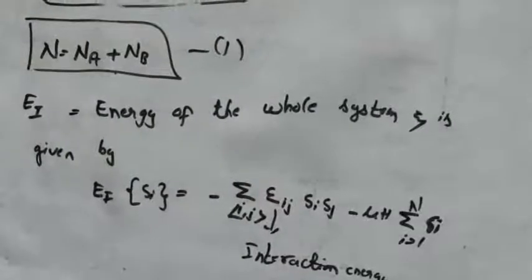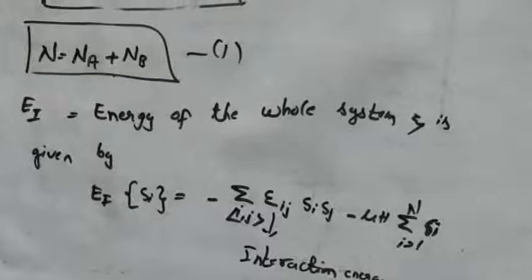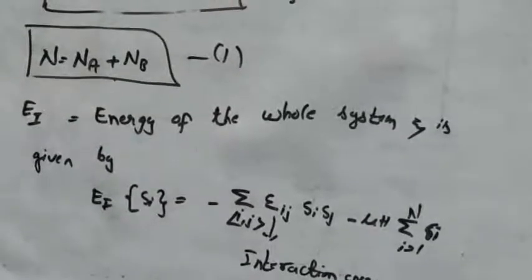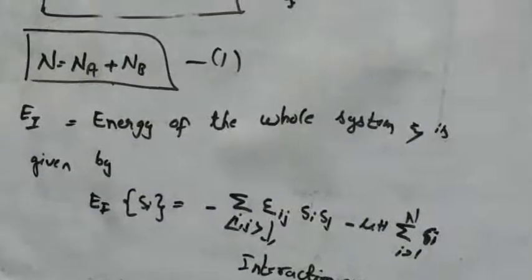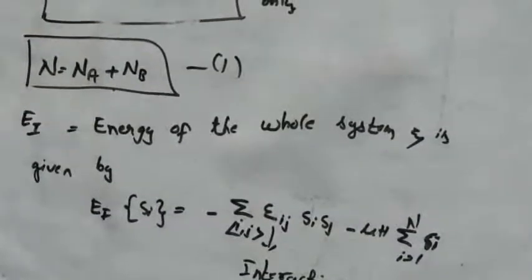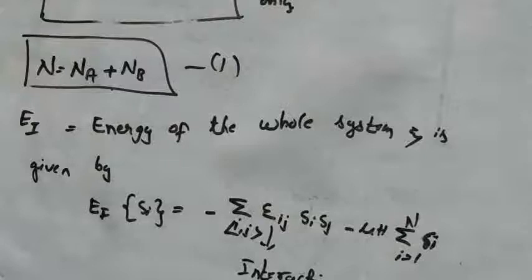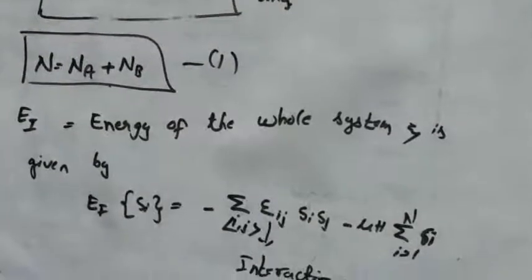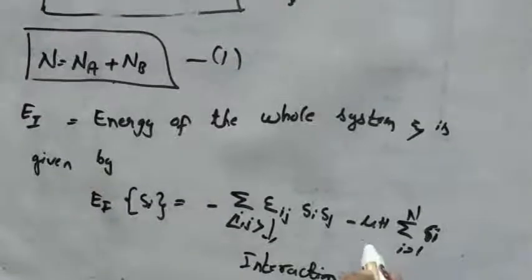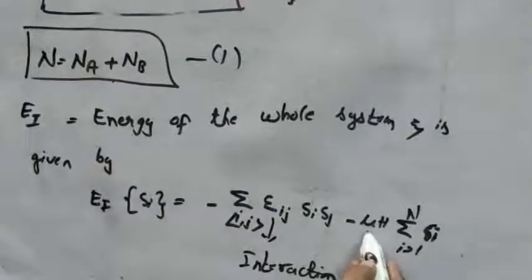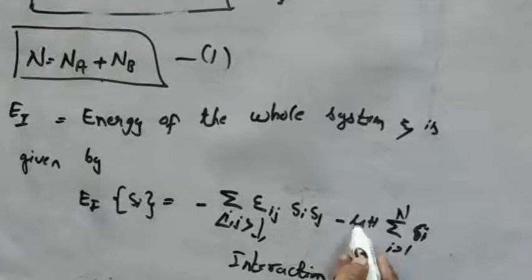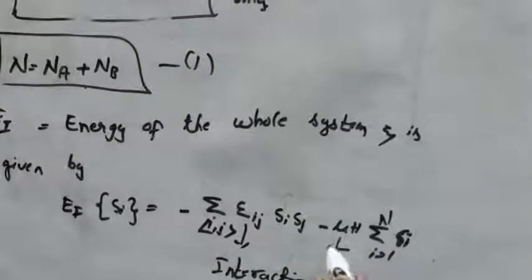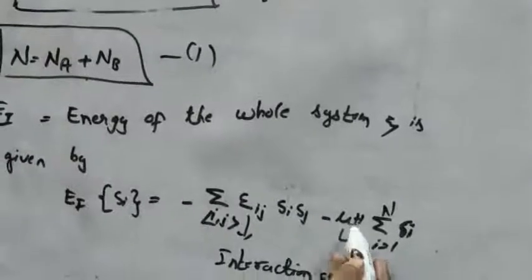And mu H is the interaction energy associated with the external magnetic field, the interaction energy in the presence of the magnetic field.